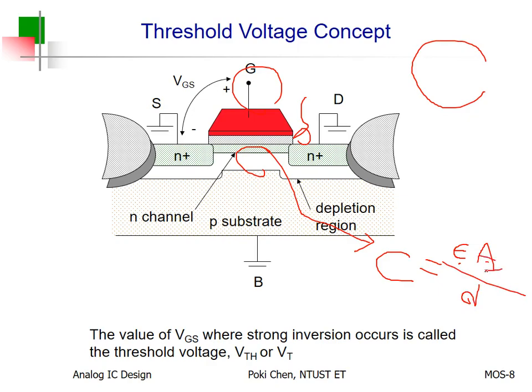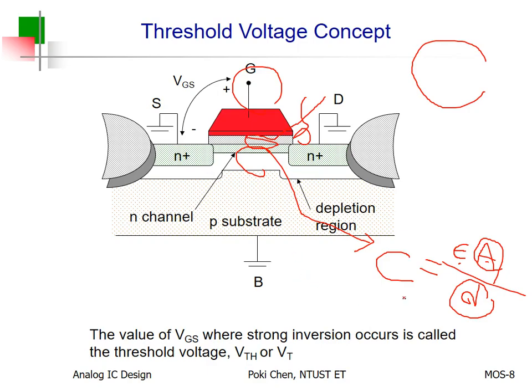A is the overlap area for the two conductive layers, top and bottom. And D means the distance, so it means the thickness of your gate oxide.